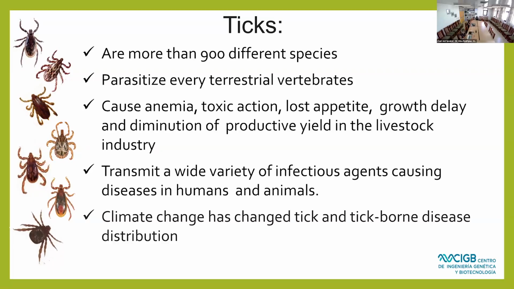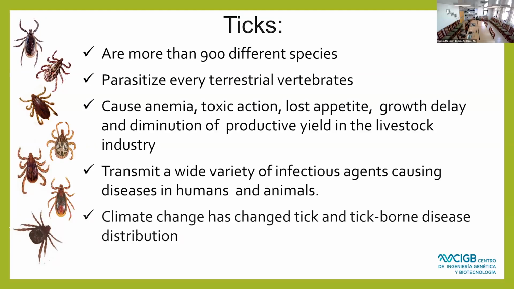The principal method to control ticks in the world is the use of acaricides, but they have some limitations because on the animal there are only 5% of the tick population. When you do acaricide treatment on animals, you are treating only 5% of the population.